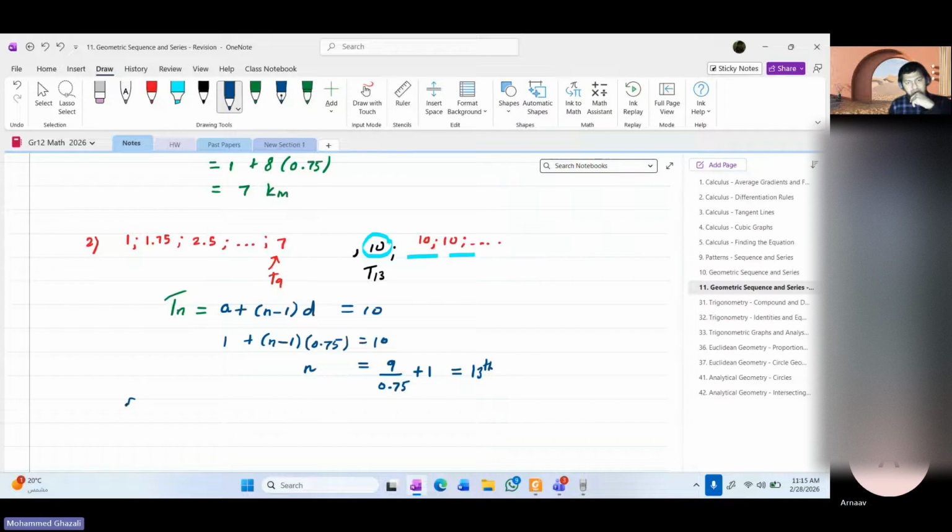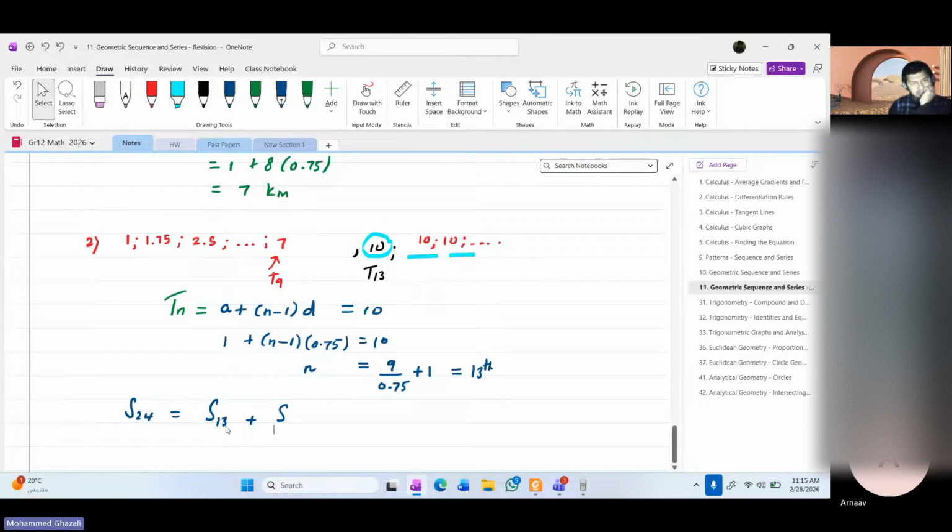So S24 will be the sum to 13 terms plus, so summing up 1 to 13, and then the sum to the balance of the terms. Balance of how many terms? We want S24.